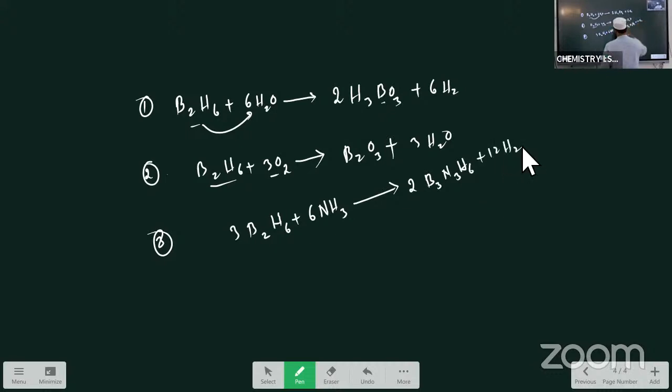This is the reaction when diborane is heated with ammonia at high temperature. As a result of that you will get B3N3H6, called, क्या बोल के बुलाते हैं इसको, borazole or borazine बोल के बुलाते हैं.